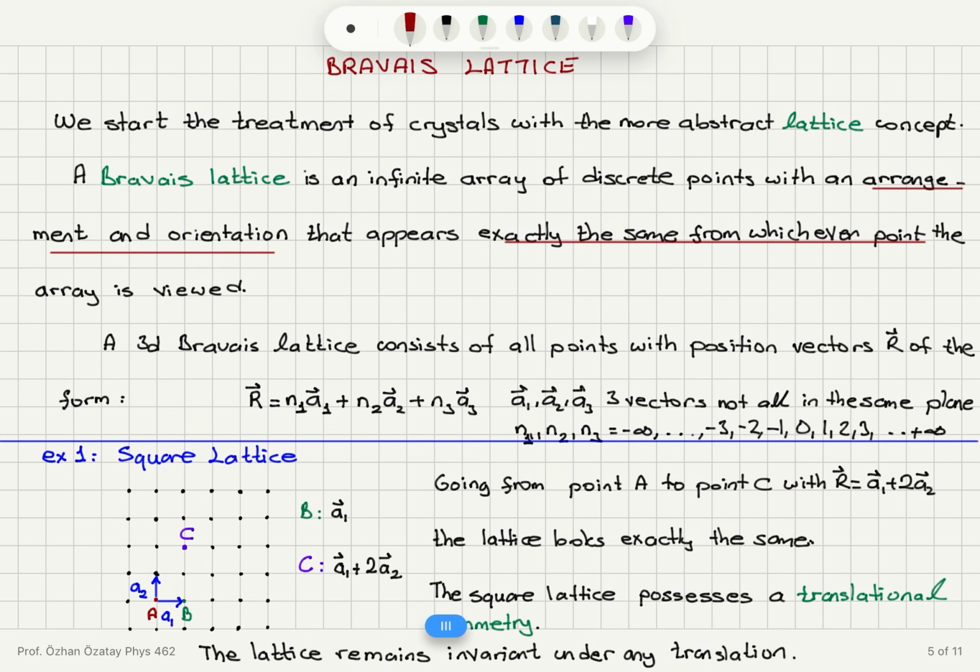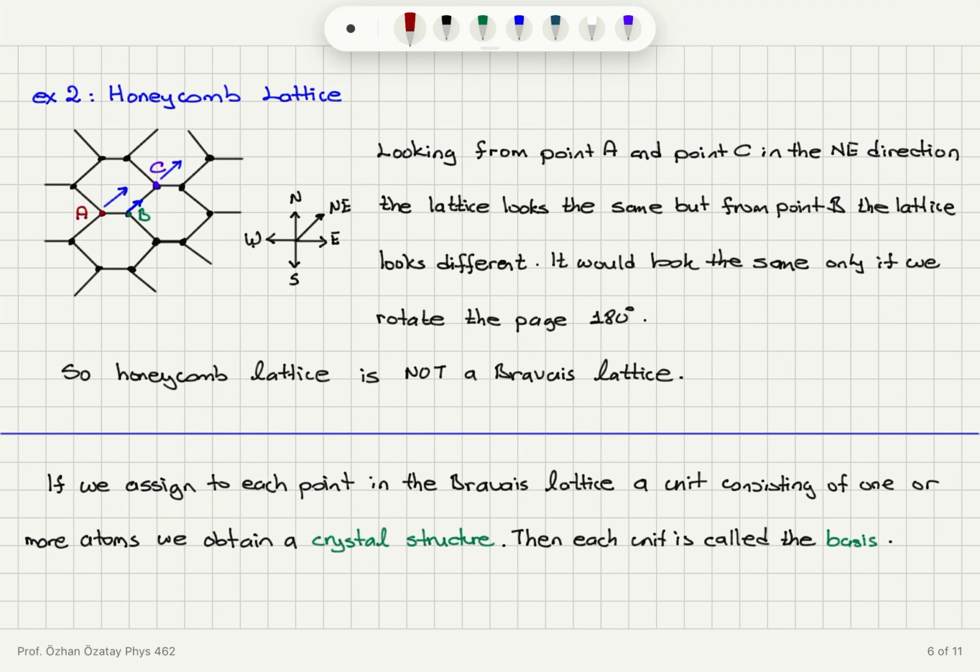So going from point A to point C, I see that when I look at the lattice from point A versus when I look at the lattice from point C, the environment looks exactly the same. Therefore, it's symmetric, and so we say that the square lattice possesses a translational symmetry, or the lattice remains invariant under any translation. Therefore, it must be a Bravais lattice.